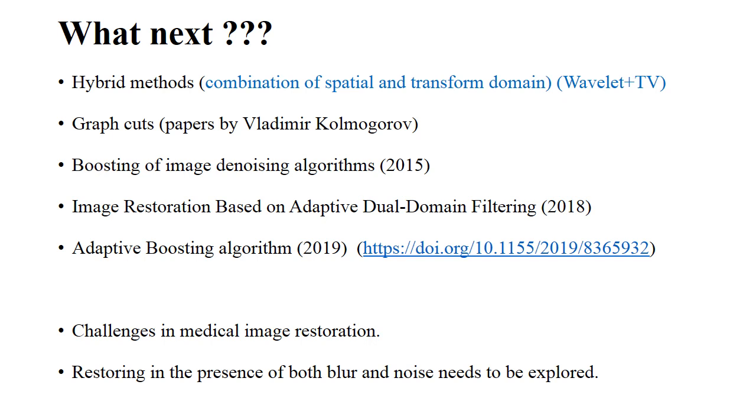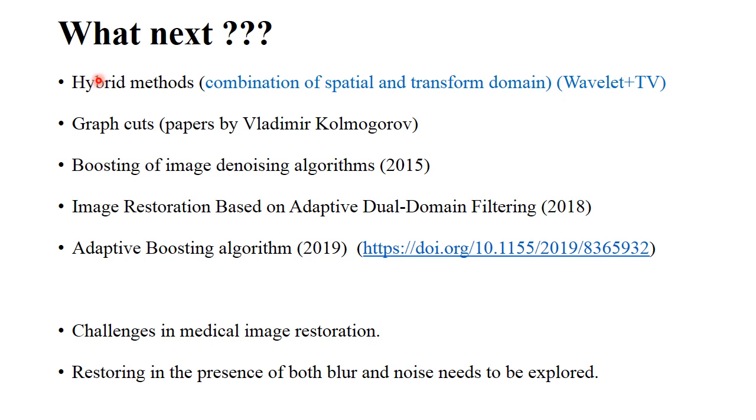So what next? We have discussed so many things about image denoising. But is there any scope still? As I told you before, in terms of result comparison by PSNR, it can be clearly identified that there is not much variation.